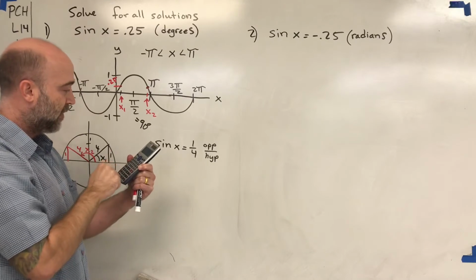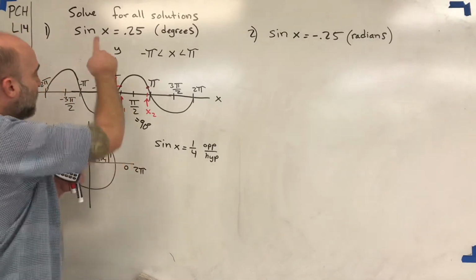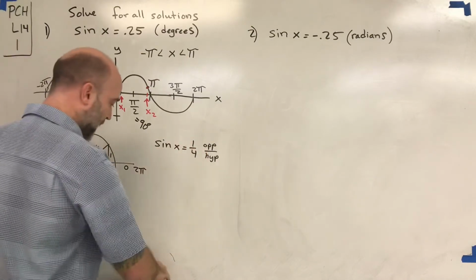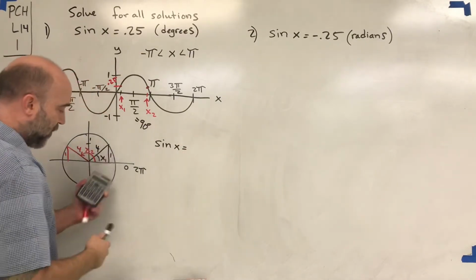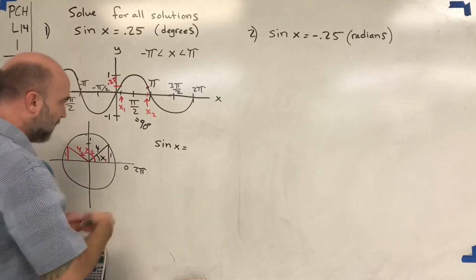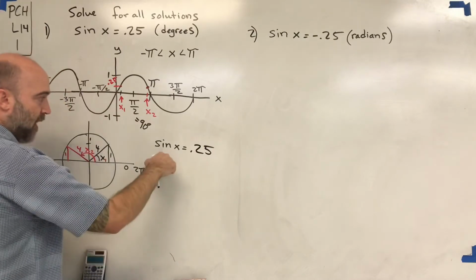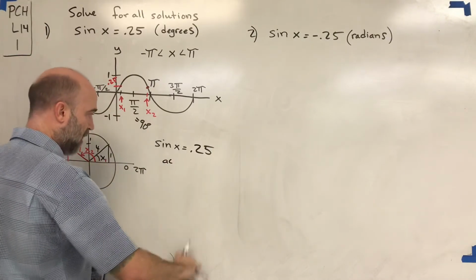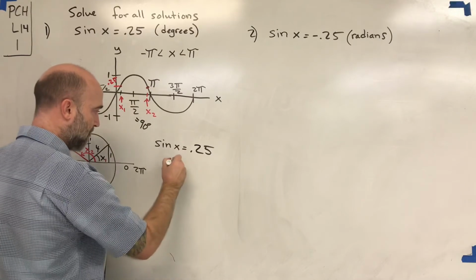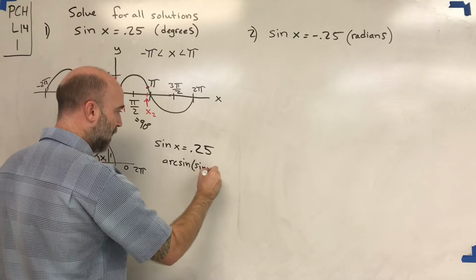And I'm in degree mode now. Okay, so now I'll go back to this one. I can use the 1/4 if I wanted to, but let's use the 0.25 since we're plugging it in. I'm solving for x, so that's going to be arc sine to both sides. Arc sine to the sine of x.